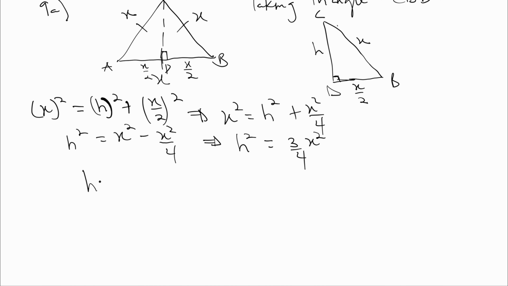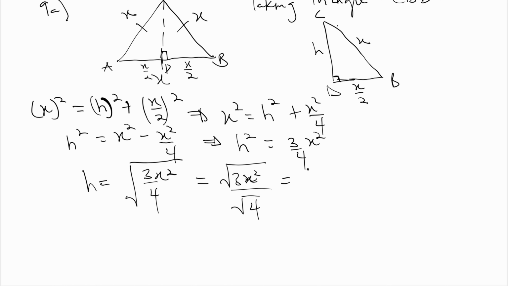So h will be equal to the square root of 3 over 4 x squared, which is equal to the square root of 3x squared over the square root of 4. This is equal to square root of 3x all over 2. So our h will be equal to root 3 over 2 x.